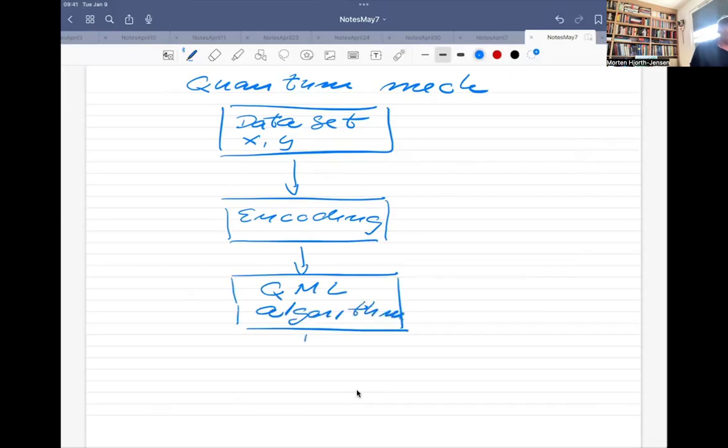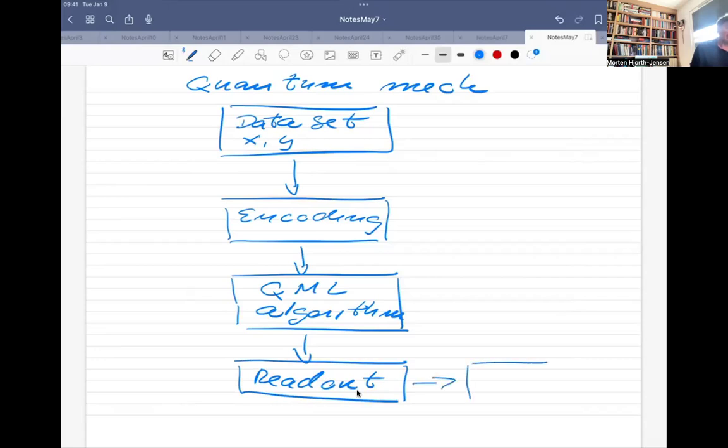Then when we use this algorithm, there's a readout part. This is where we perform the measurement. And when we have done the readout, when we associate to this specific data set a specific output, that is when we make the predictions.